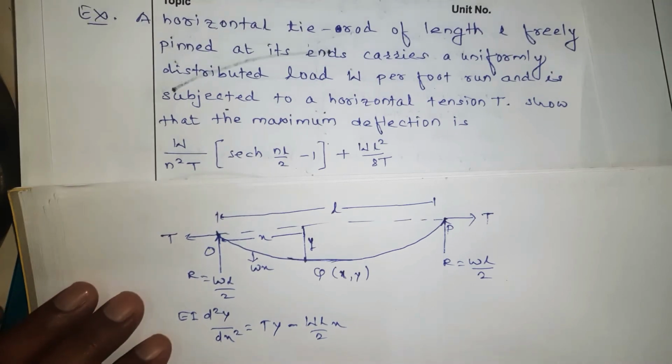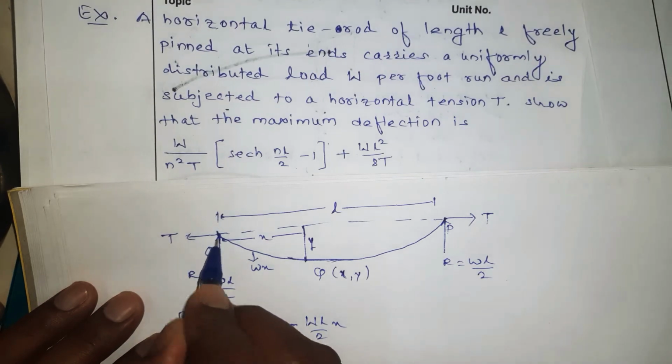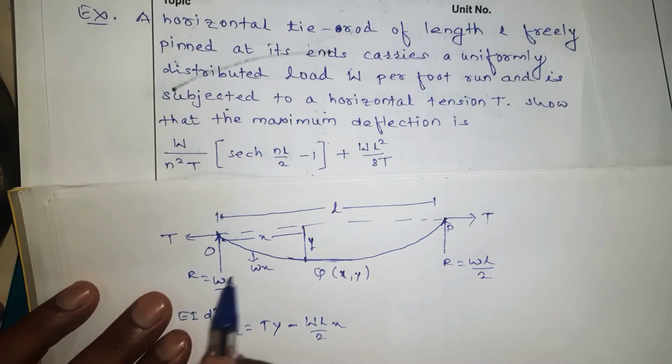This is the force into the distance x from point O. Now this reaction force is negative, because it is opposite.